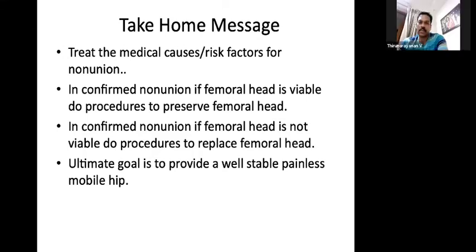If the head is not viable, you do a replacement procedure. Total hip replacement will be a very safe answer for postgraduates in exam. Modular bipolar, which you can convert into THR, all this stuff you can say, but from an exam point of view I advise saying total hip replacement. Even up to 75 years, you can say total hip replacement very safely.